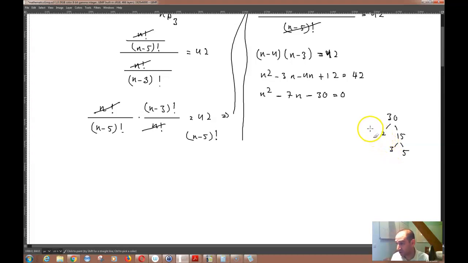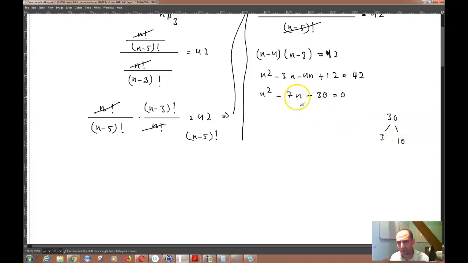It's not very easy to find, but 3 times 10, I can write it as 3 times 10.